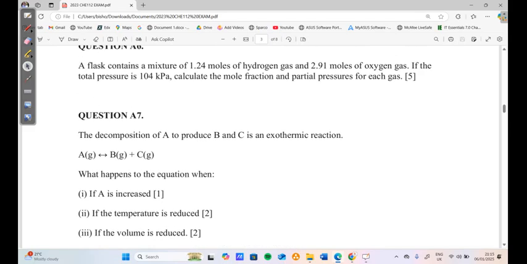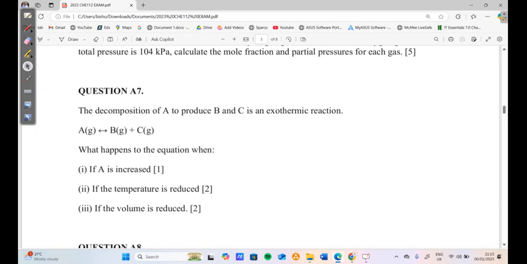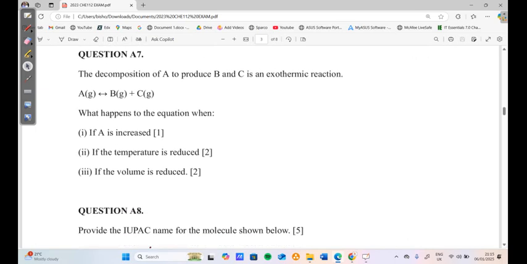You can call it solutions and their properties combined with phase equilibrium. Then if you look at A7, what happens to the equation if A is increased? This is also chemical kinetics. So at the end of this lesson, you should be able to answer this. No, actually, this is chemical equilibrium. Sorry, this is coming from Le Chatelier's principle.